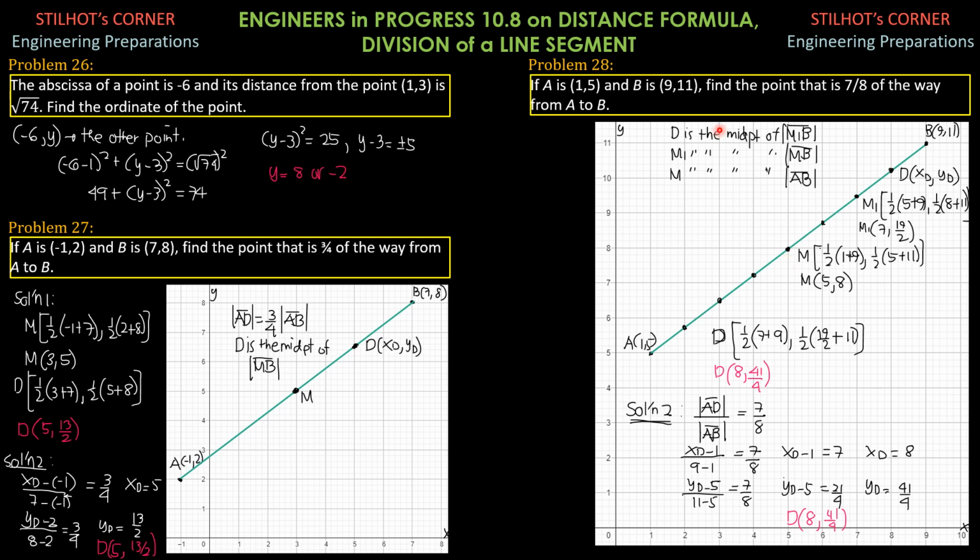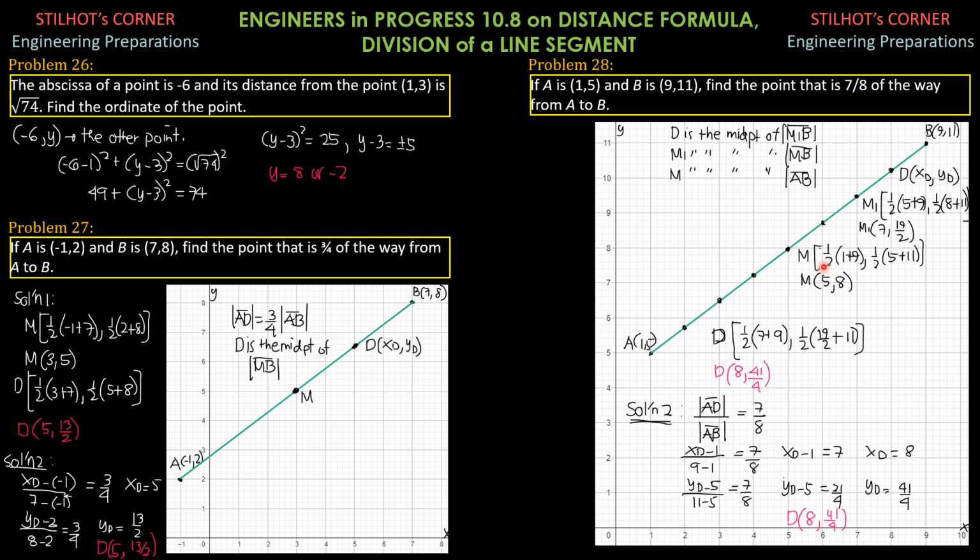D is the midpoint of M1 and B. M1 is the midpoint between M and B. And finally, M is the midpoint of A and B. So let's find M first.